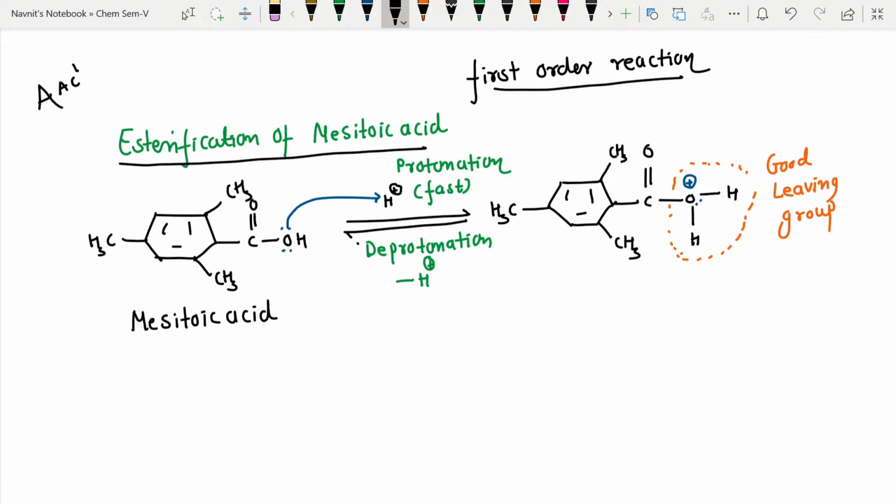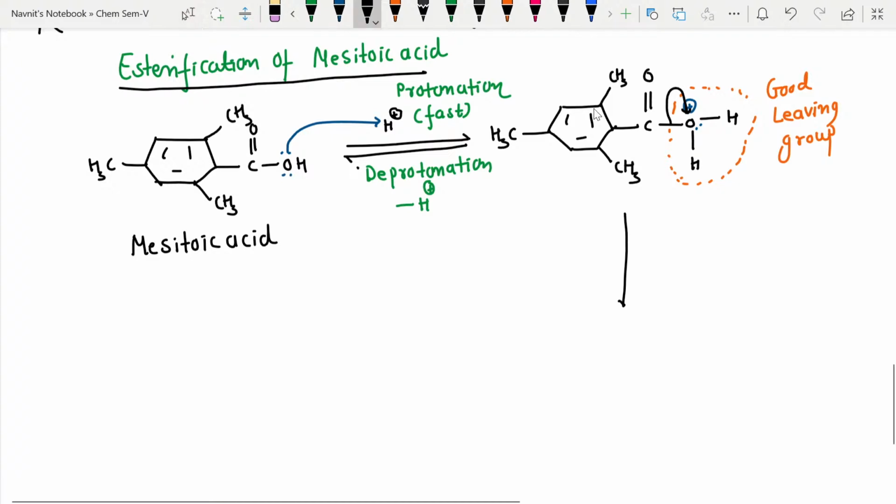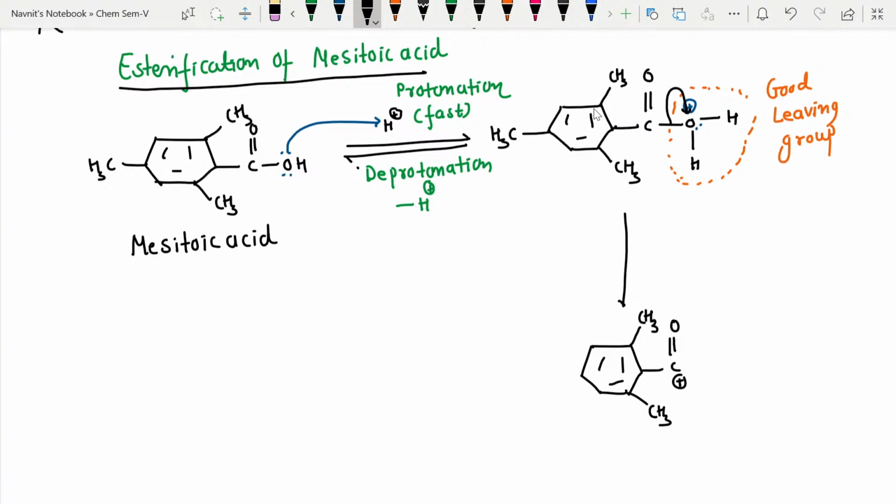Okay, so what happened in the next step? This will eliminate easily. What does it form? A stable acylium ion.